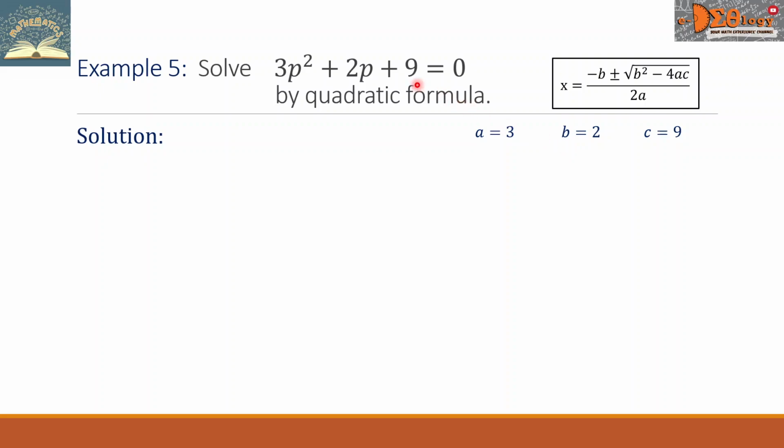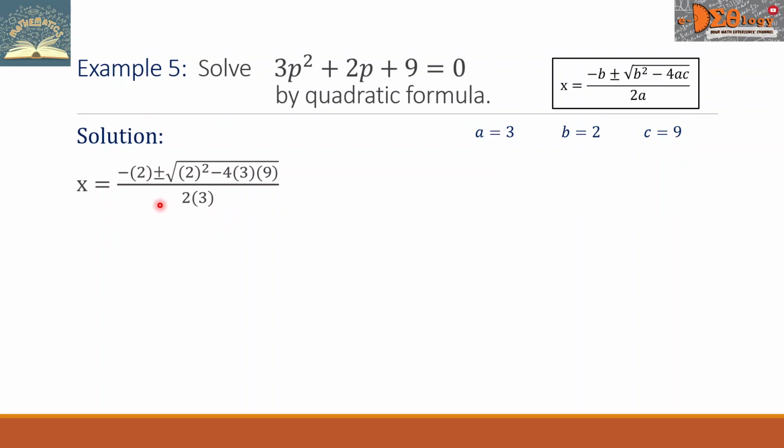And the c is the constant, so we write here c equals 9. We substitute the values a, b, c respectively in the equation. So we have x equals the negative of positive 2 plus or minus the big square root of 2 squared minus 4ac. So we write here 4 times 3 times 9 all over 2a. So we have 2 times 3.